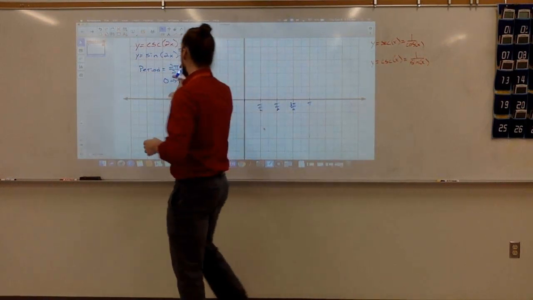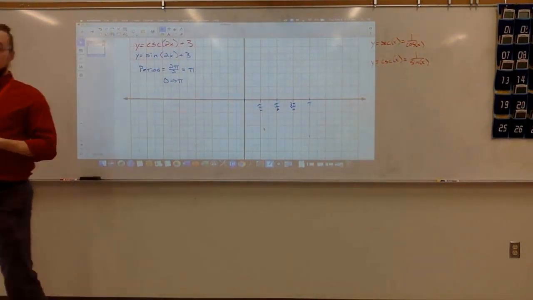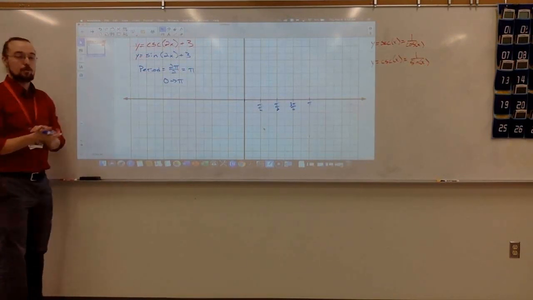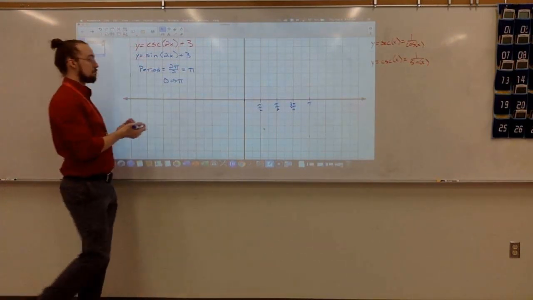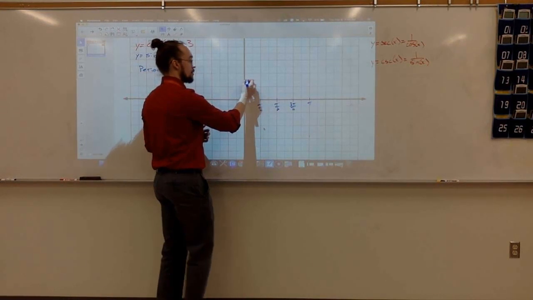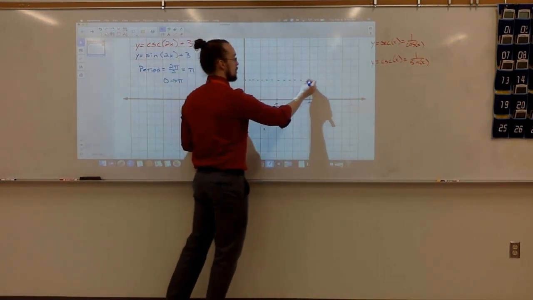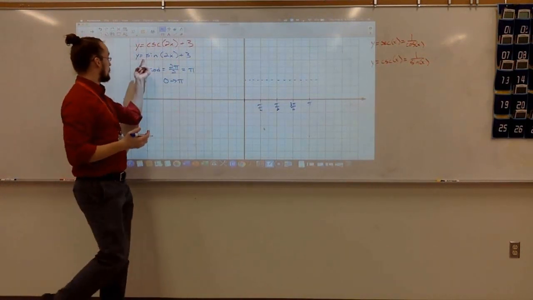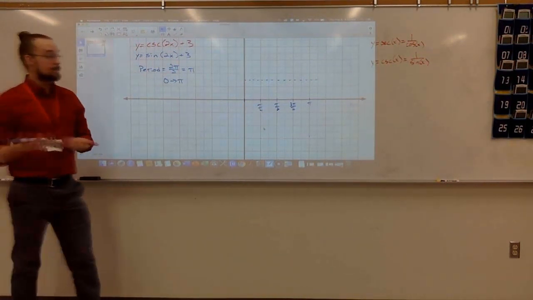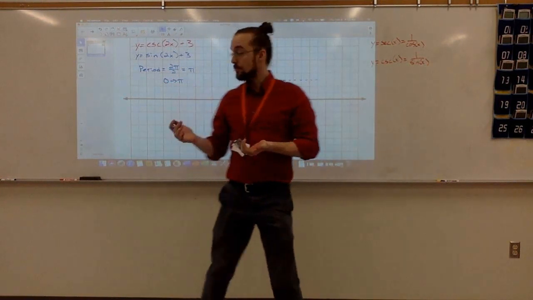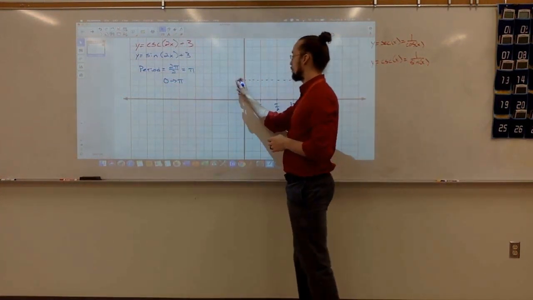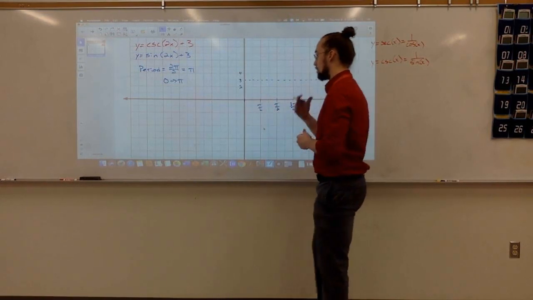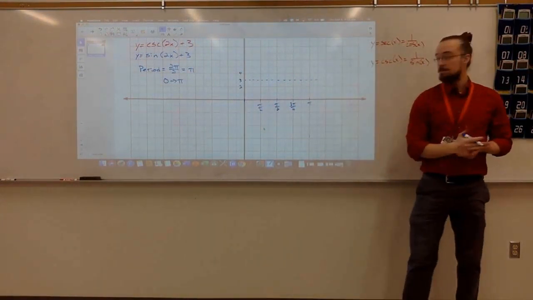And then I have a d value, so I'm shifting the midline of my curve up 3. So my midline is going to be here. I don't have an a value, so my amplitude is just 1. So from my midline of 3, I'm going down 1 and up 1 to get to my mins and maxes.